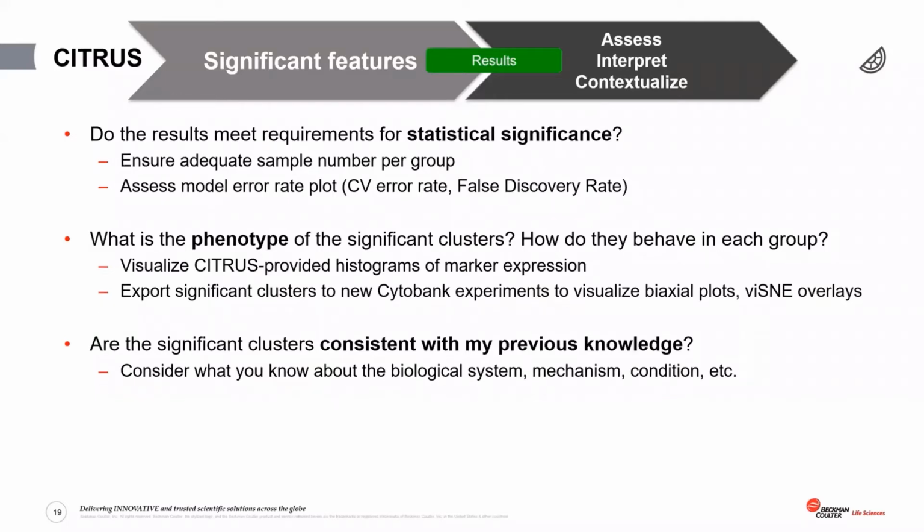You can do this by looking at histograms of marker expression and box plots of cluster abundance provided by citrus, as well as exporting the significant clusters into a new Cytobank experiment. Finally, you have to decide if knowing which clusters are significant and in which group they are elevated or decreased is consistent with your previous knowledge about the biological system.